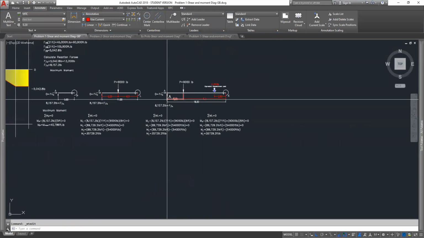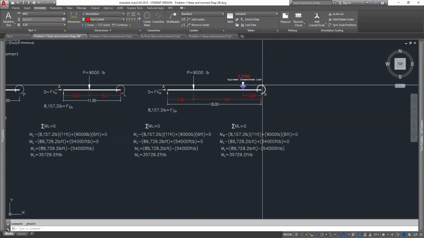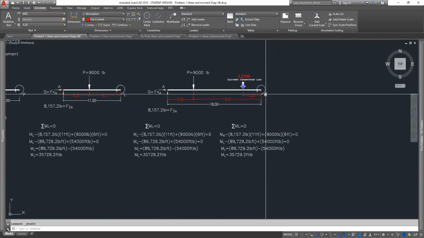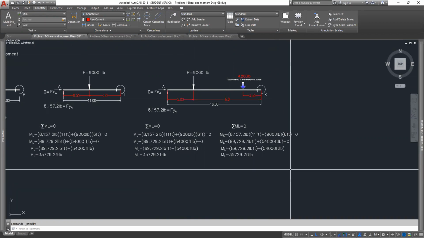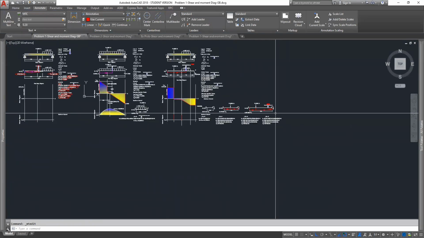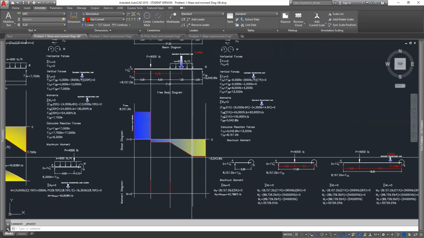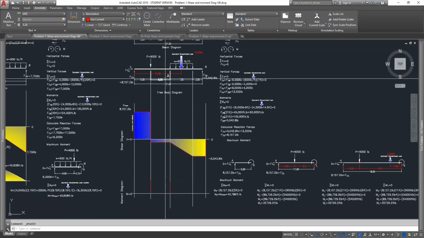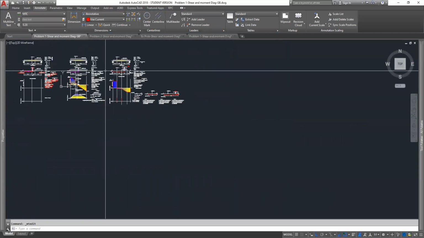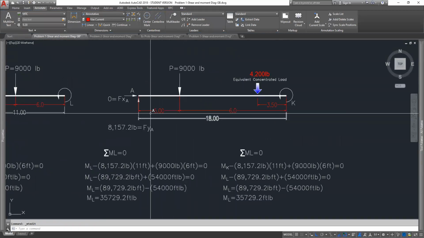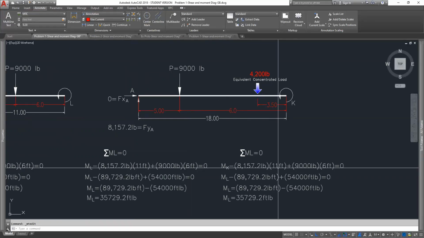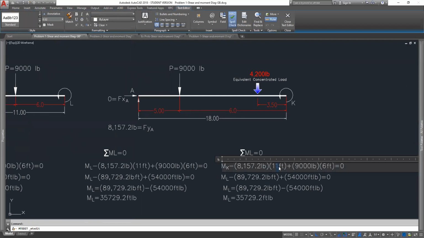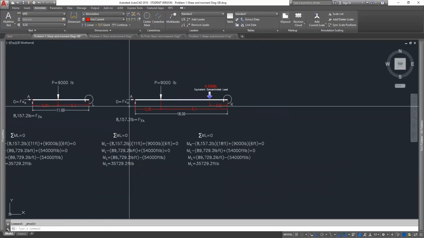Let's start from our left with our reaction force first, and then work our clockwise and counterclockwise forces from that point. Once again, that point is located right in here, which ends up being 18 feet from this support. So the force 8157.2 is not 11 feet away from where we're taking the summation of moments. It's 18 feet away.